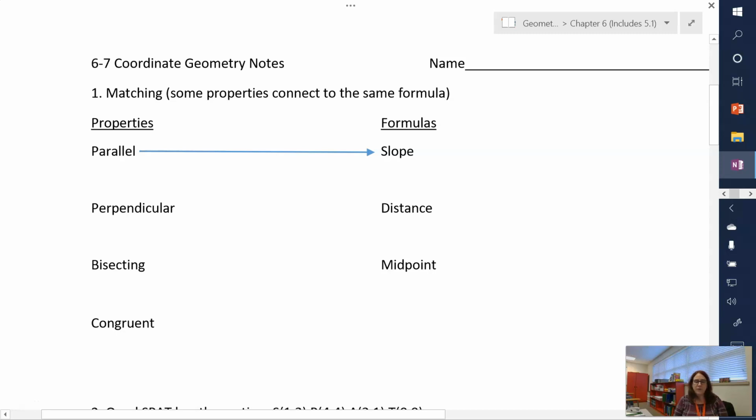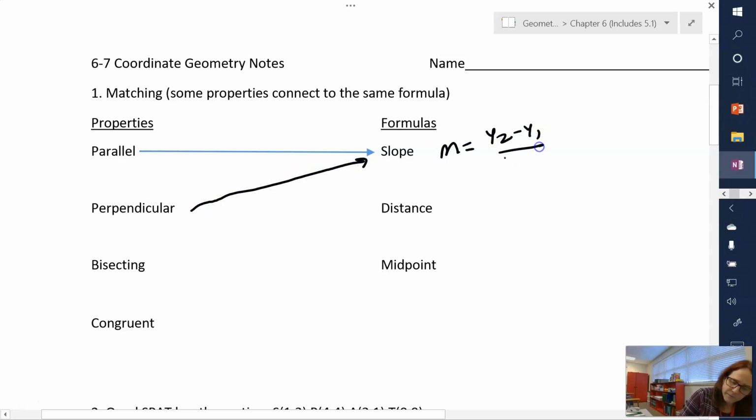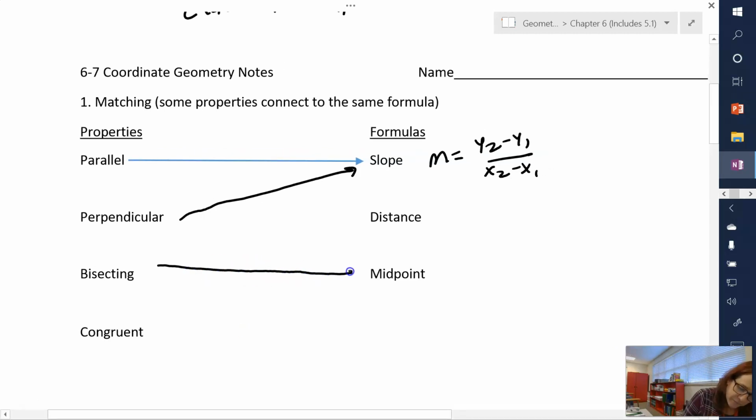For example, to determine if sides are parallel or perpendicular, you're going to use the slope. To determine if you have something bisected, you can use the midpoint, because that will tell you exactly where that bisection should happen. So let's see.